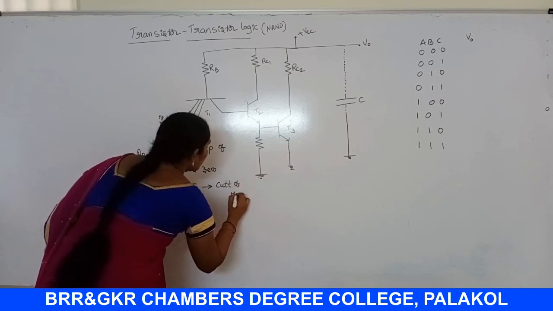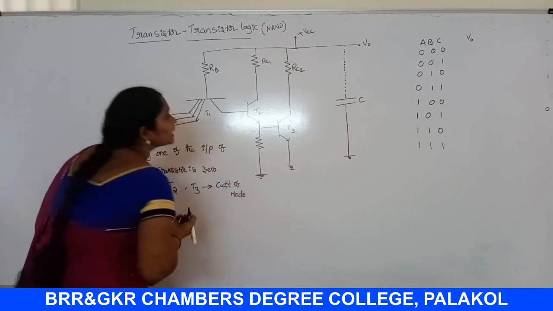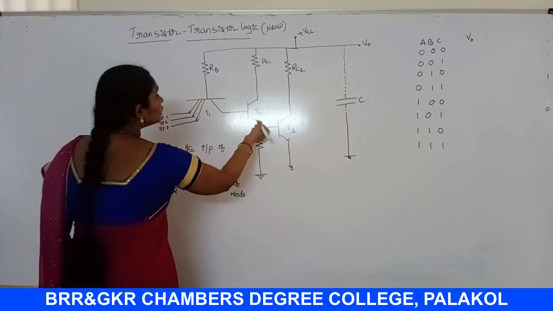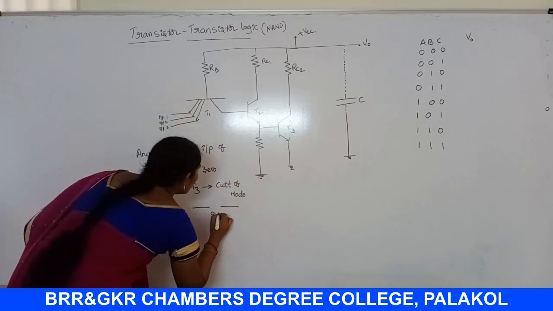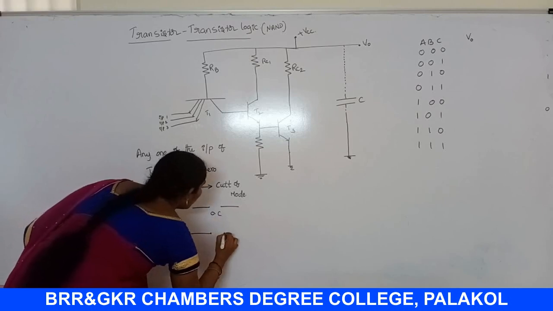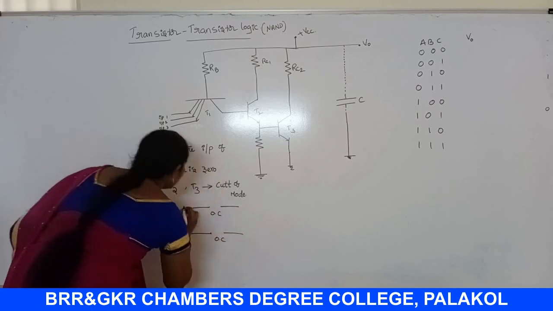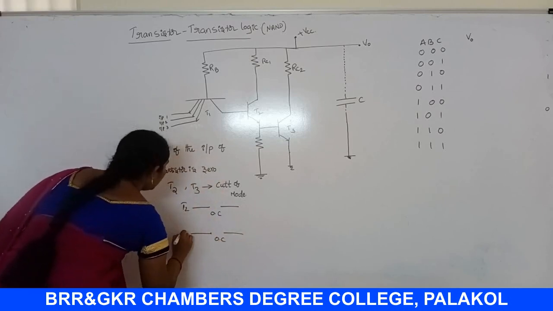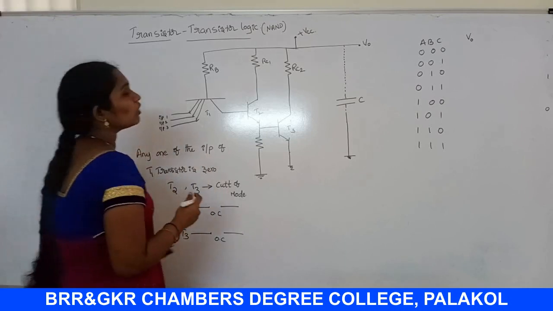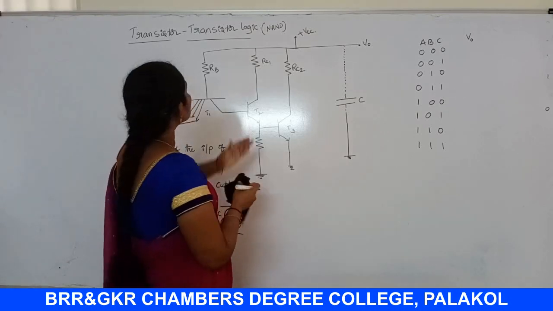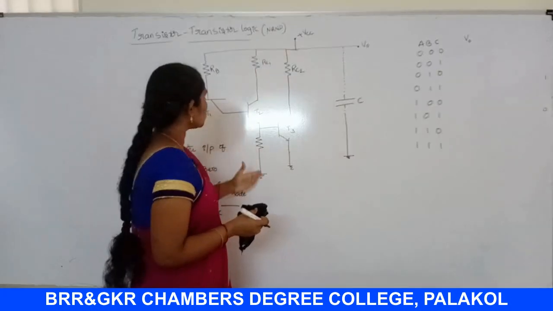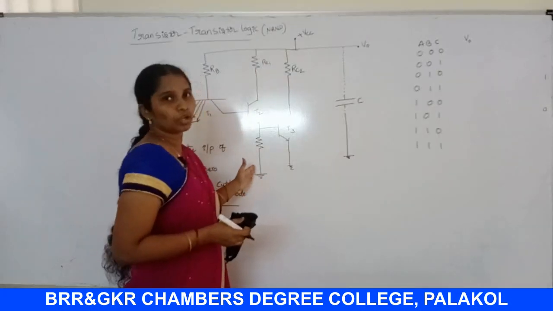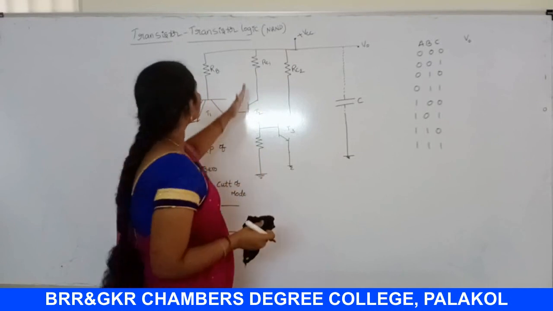Cutoff mode means both the transistors are open circuited. This is T2 and this is T3. So there is no path for the supply voltage to travel to ground.